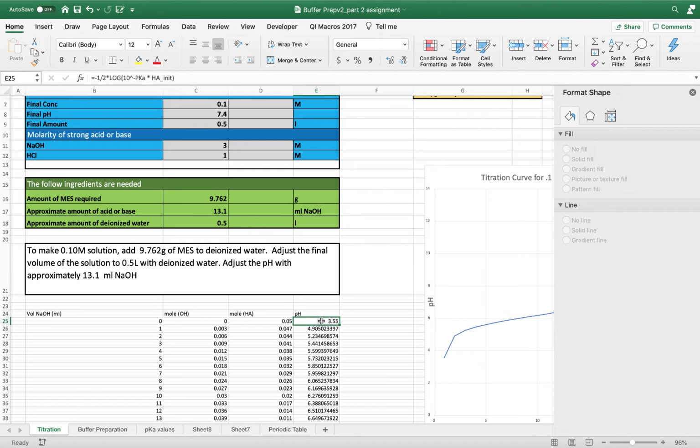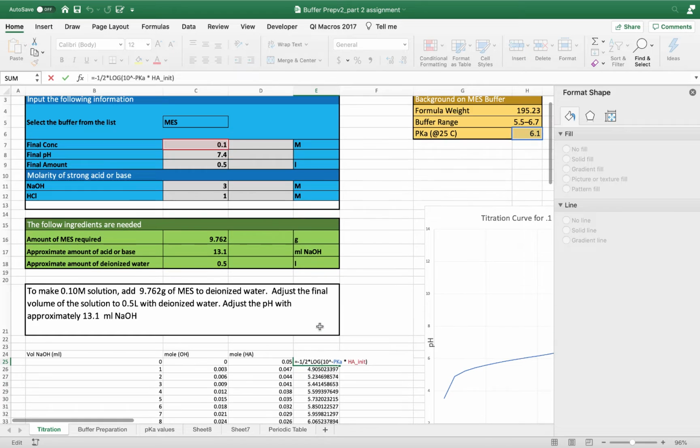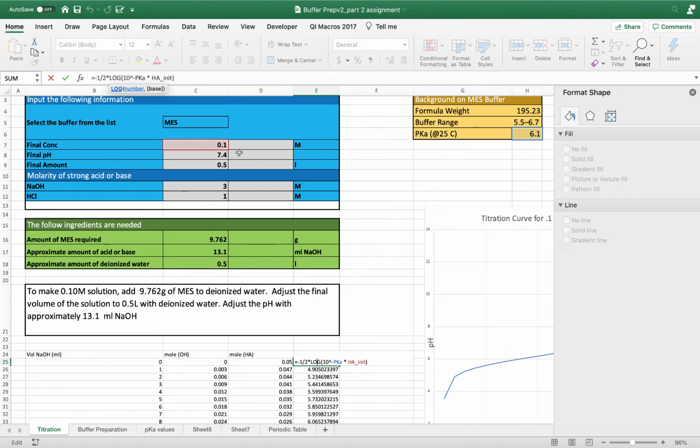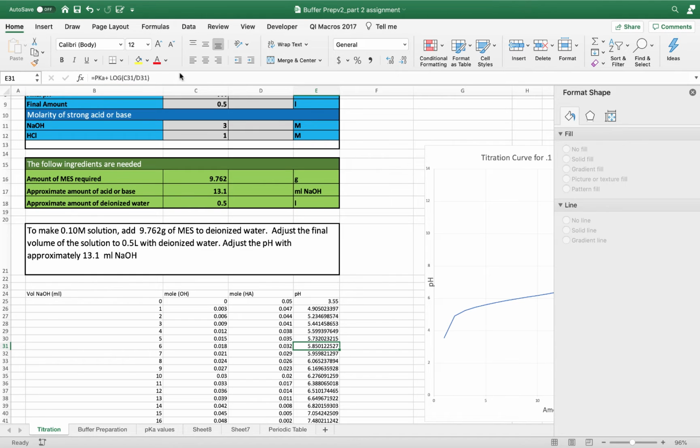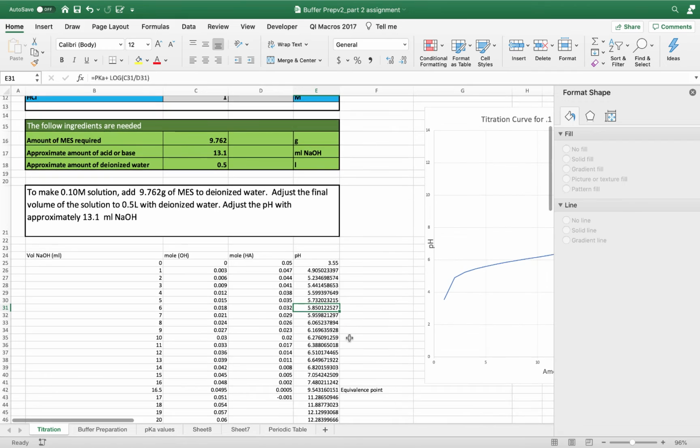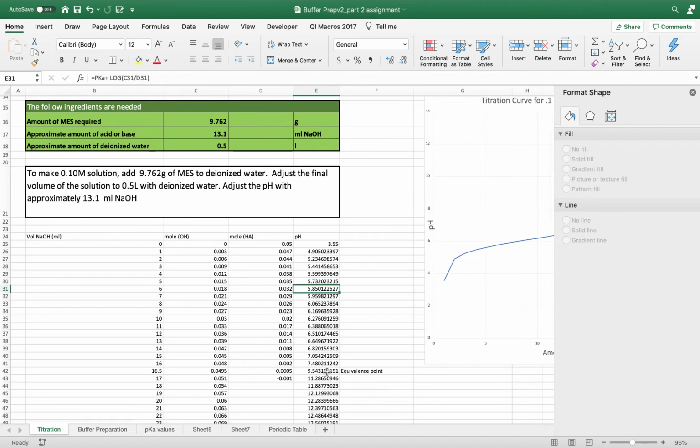For my calculations, my initial one is pulling my pKa, which is this field right here, and my initial concentration of my weak acid. As it goes through the buffering region, it's pulling the pKa value and then looking at my ratio of my moles. The equivalent point, this is where my moles of OH equal my starting moles of HA.